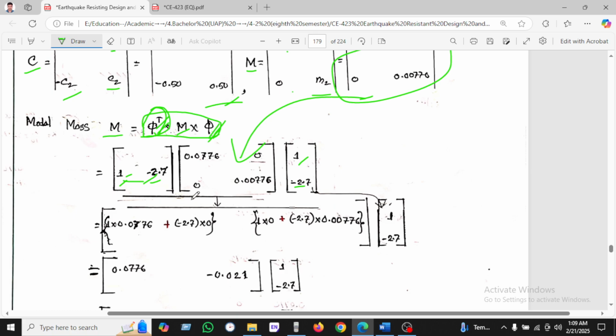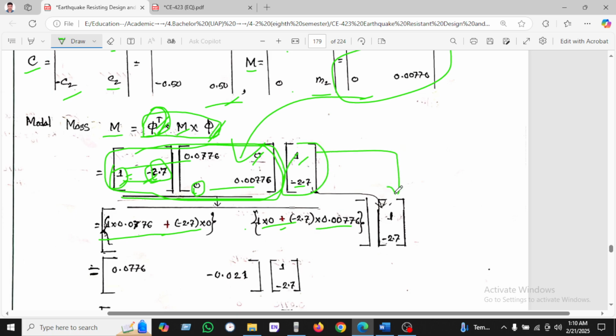After this, we can complete this matrix. It will be like this: 1 into 0.7, multiplied with 0.07, plus minus 2.0 into 0, and so on. 1 into 0, 1 into 0, and plus minus 2 into minus 2.007, and it will remain the same.